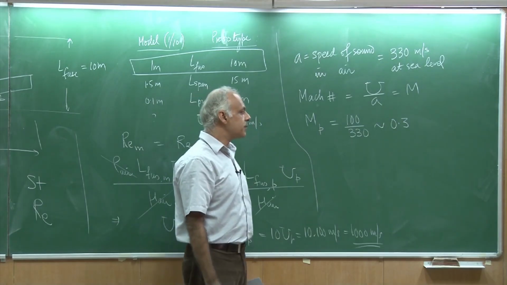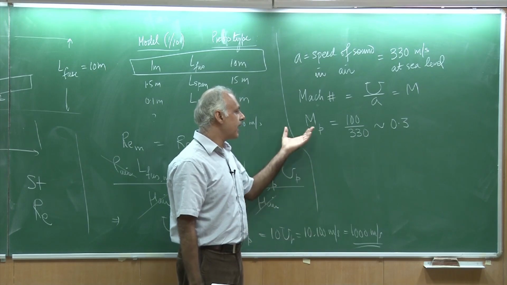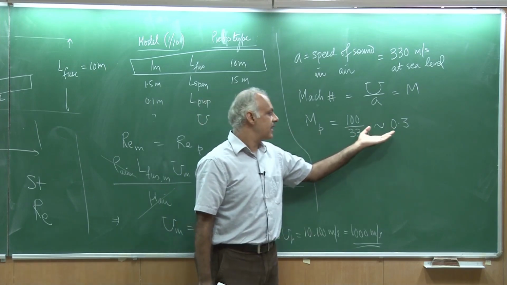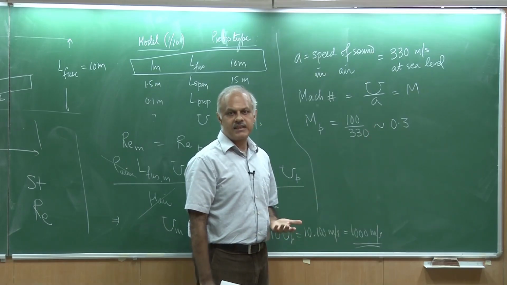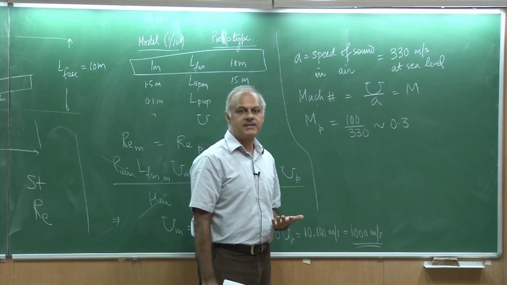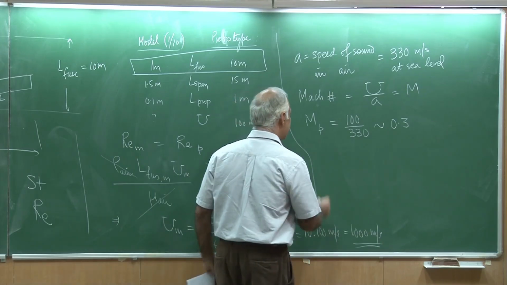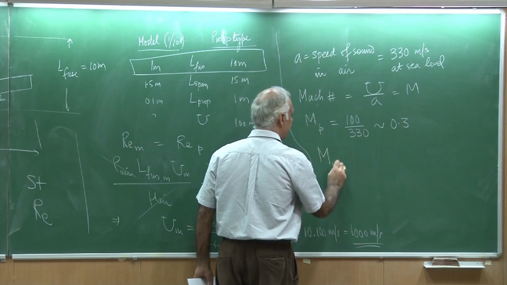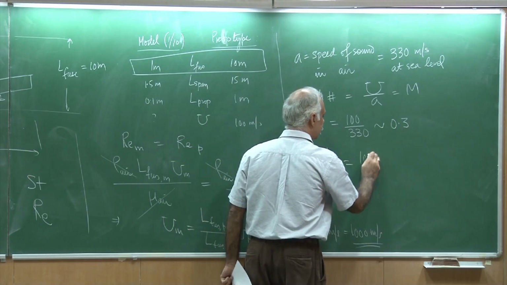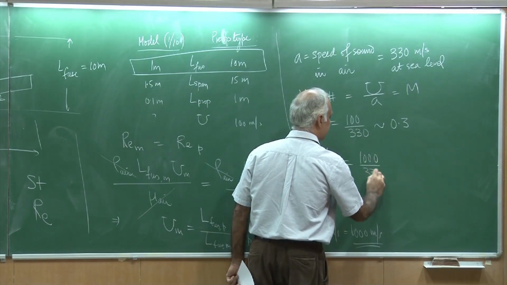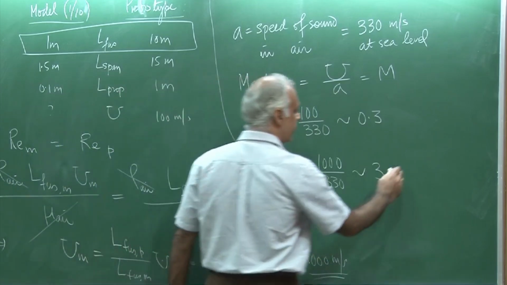And in the aerospace community, it is felt that if your Mach number is less than about 0.3, then you can neglect the compressibility effects and treat the flow as incompressible. Okay. Let us see what would happen for the Mach number of the model. So, this would be 1000 divided by 330, which is roughly 3. This has become supersonic.